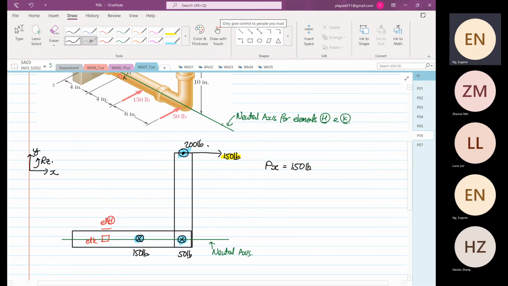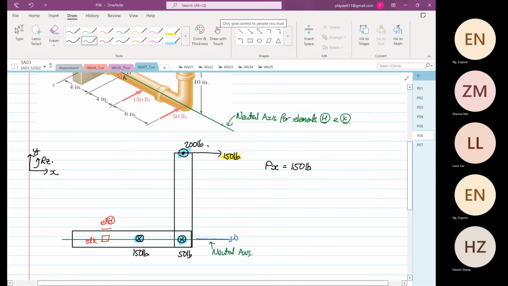So it's going to induce 150 pounds on the neutral axis. And on this 150 pounds, for element H and element K, it will be positive. It will be what? Tension. Yes or no?